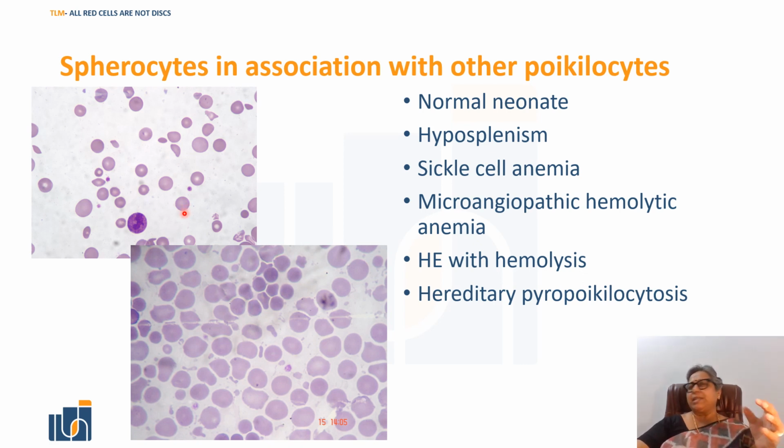Also HE with hemolysis, any of these membrane disorders with hemolysis, even hereditary spherocytosis with hemolysis, hereditary pyropoikilocytosis, and burns, where you find such small red cells along with some amount of budding. So in any of these conditions where you find other cells, you have to think of these red cell abnormalities, which could be MAHA, sickle cell, or HE with hemolysis, or hereditary pyropoikilocytosis.